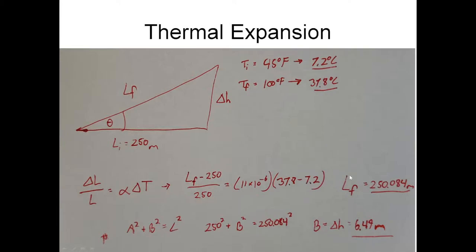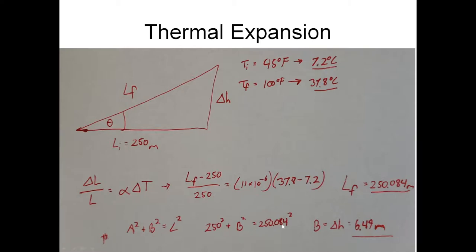So, what we just found is the hypotenuse. That'll be plugged in for c. One of our original legs can go in as either A or B. So I'm going to put the 250 in for A and the 250.084 in for C. And that will just let us solve for the remaining leg of the triangle, B, which I'm also labeling as delta H. So the change in height as the bridge is shunted upwards due to this expansion.